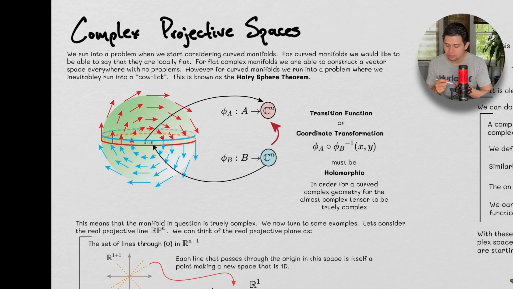But then we run into a problem. If we try to take a vector field, okay, and wrap that field around the entire sphere, covering everything, we inevitably run into a problem where the vector fields eventually spiral into a point, that point being on the overlap itself, and you get this sort of cowlick effect.